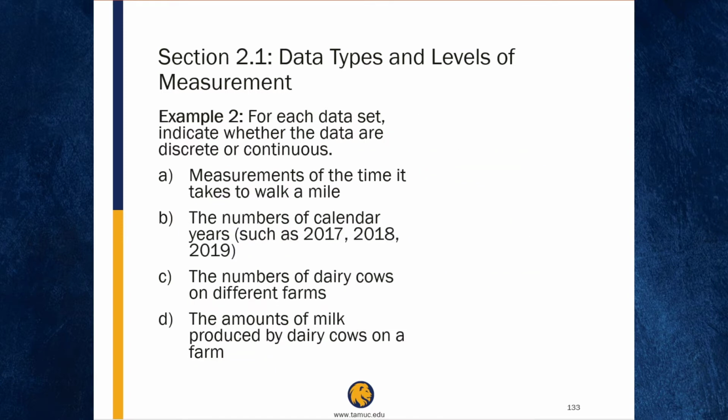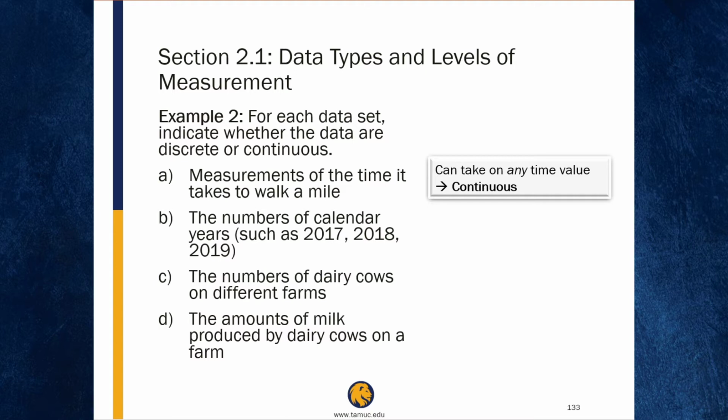The first one says measurements of the time it takes to walk a mile. Well, if we talk about measurements of time, we can talk about fractions of a second. Any smaller increment of time can be measured. On the other hand, when we talk about calendar years, such as 2017, 2018, 2019, we usually don't count in-betweens, in between the years.